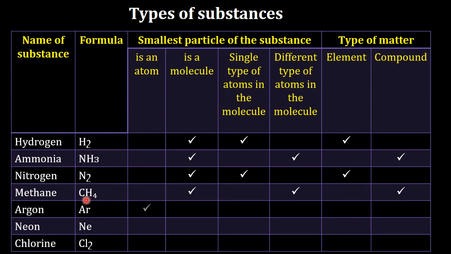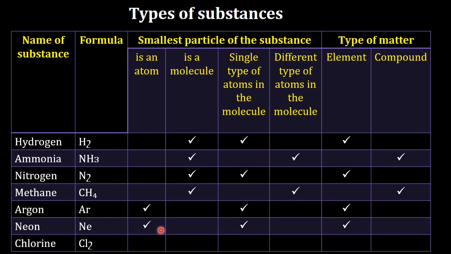Next is argon, Ar, which is an atom. You can see only a single atom is there, and therefore again we have to put a tick mark in this particular box also. Which type of matter is it? It is an element because elements are present in pure form. Neon, again it is an atom, a single type of atom, and again it is an element.